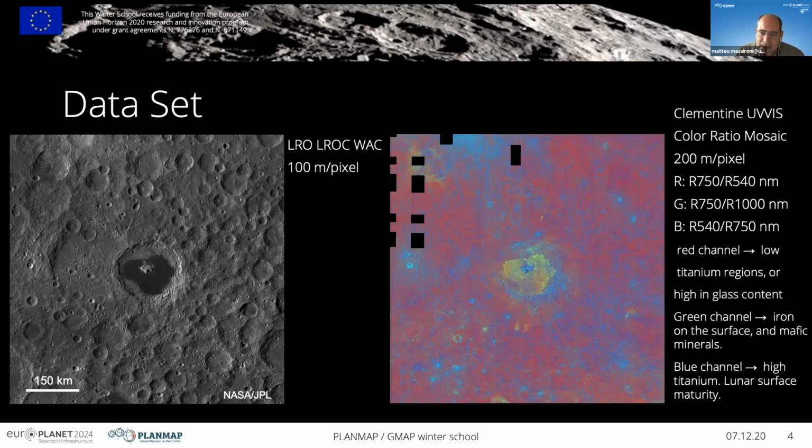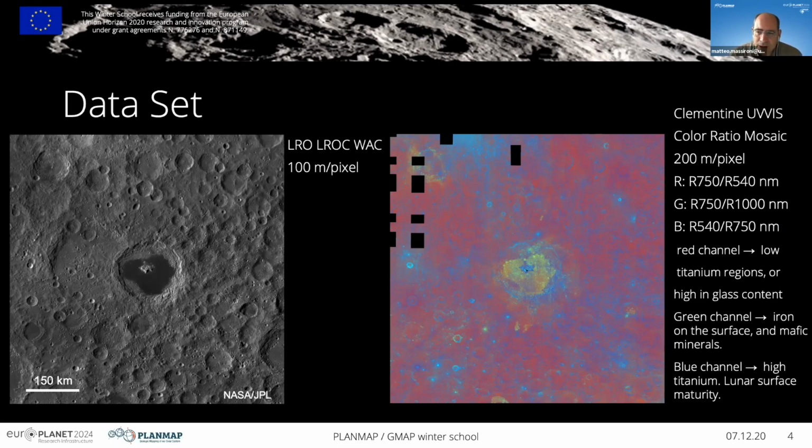This mosaic is in color, as you see, and these colors are obtained thanks to band ratios. What it means is you take images that have been taken in a given wavelength range of the spectrum.